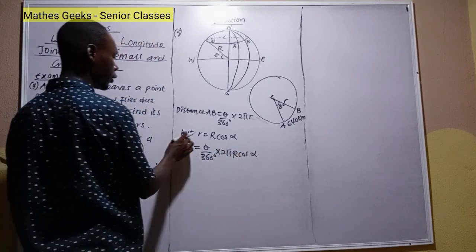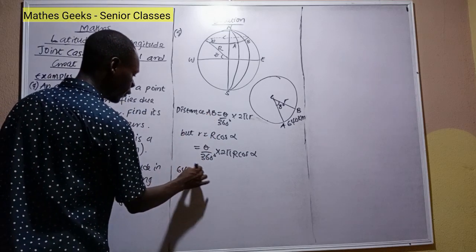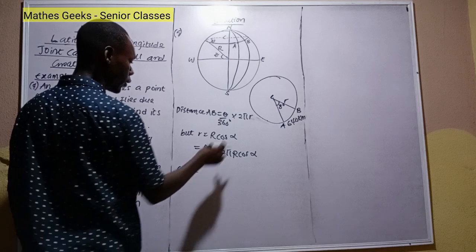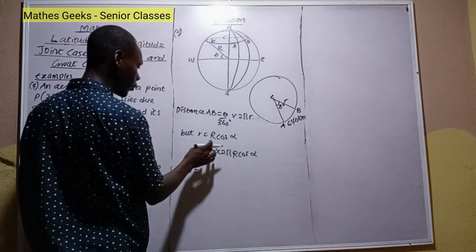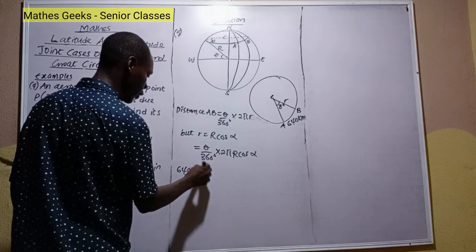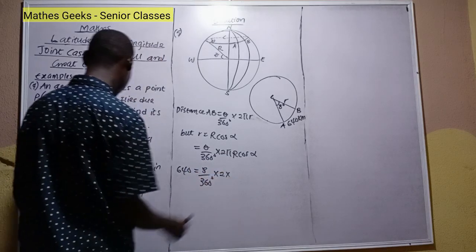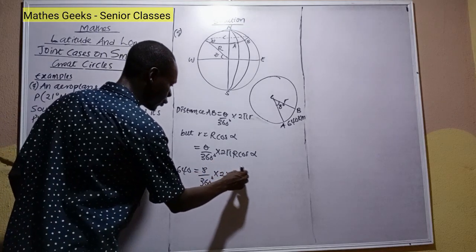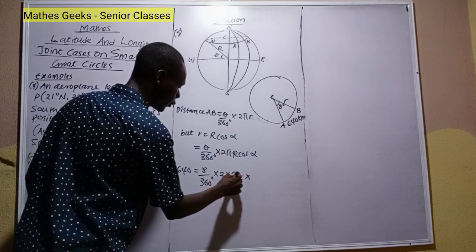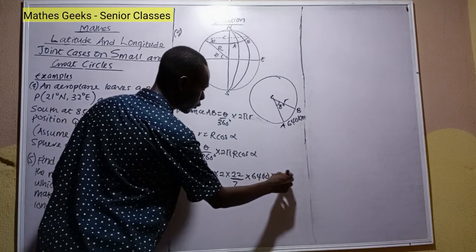And distance AB is equal to 640, and the angular difference in longitude theta is 8 degrees. So 8 over 360 degrees times 2 times pi, which is 22 over 7, times 6,400 times cos alpha.